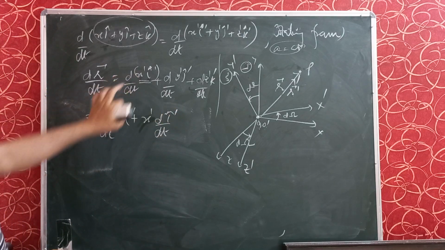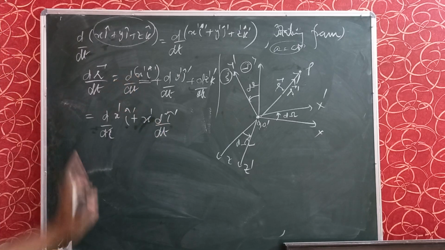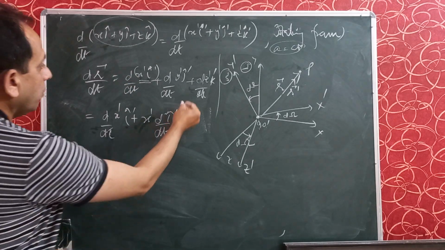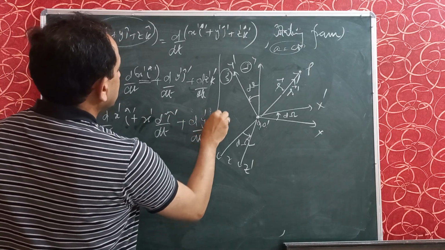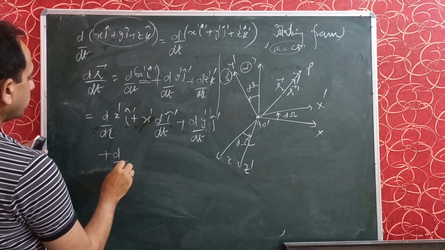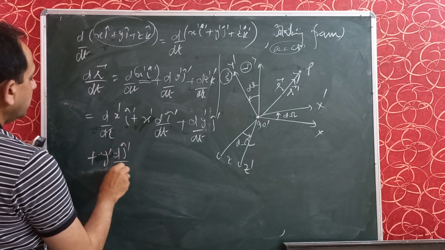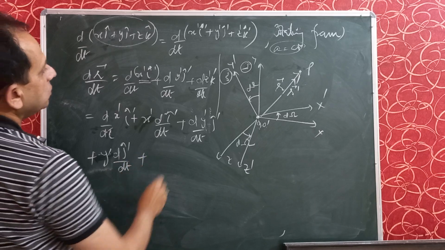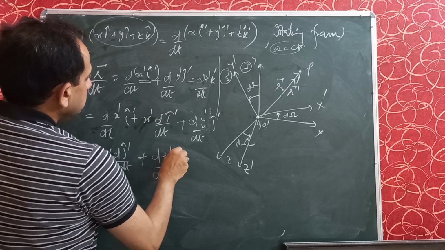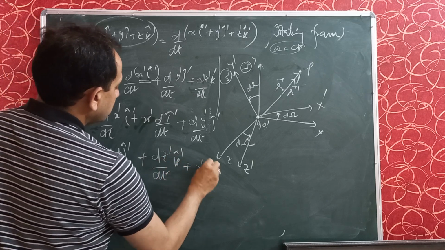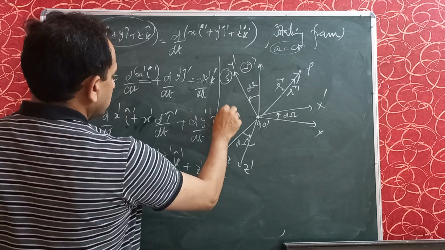First derivative first, second term as it is, plus derivative of the second and first term as it is. Similarly, for y, dy dash upon dt into j dash plus y dash into dj dash upon dt. Similarly, for the third, dz dash upon dt into k dash plus z dash as it is into dk dash upon dt.